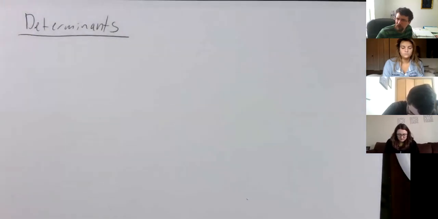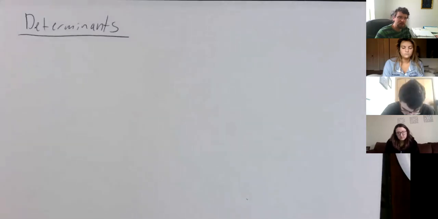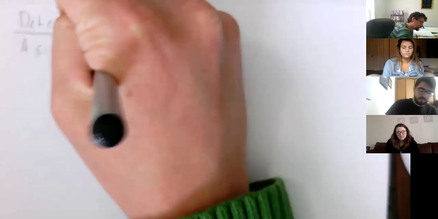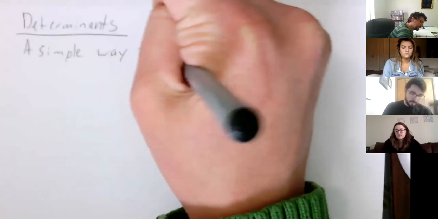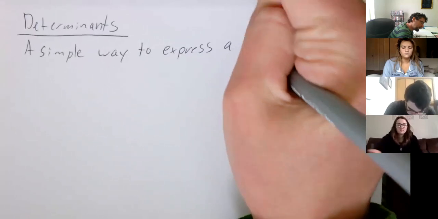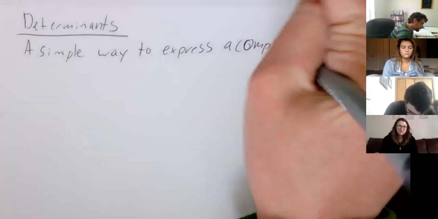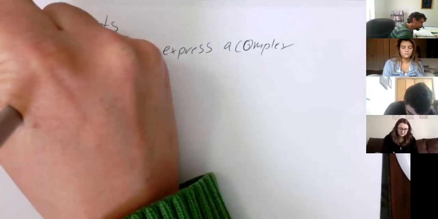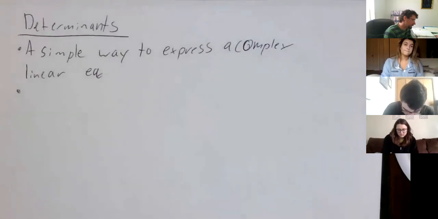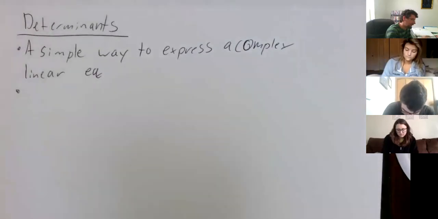So what a determinant is, it's a simple way to express a complex linear equation. I think formally what it's defined as is a scalar that represents a matrix.